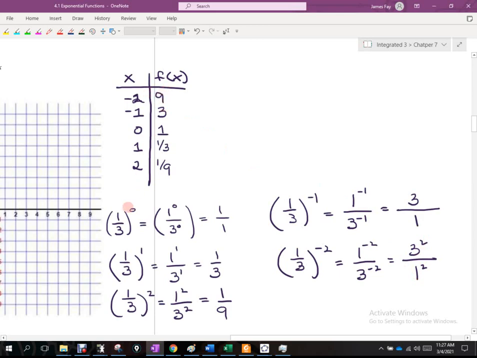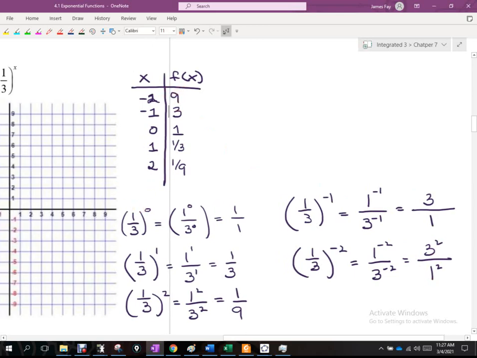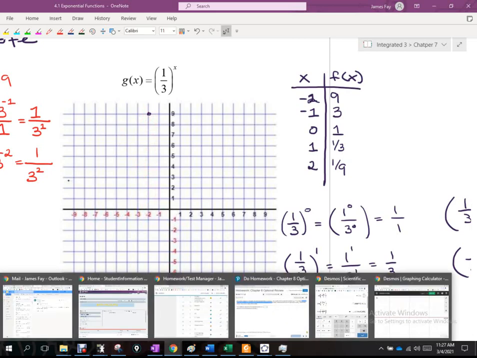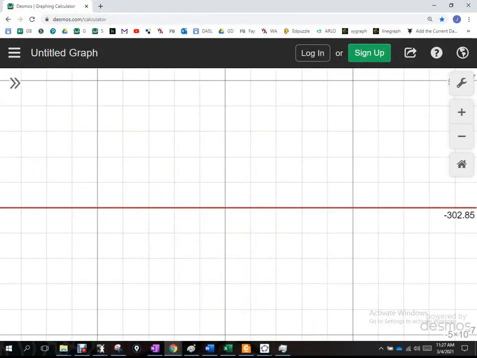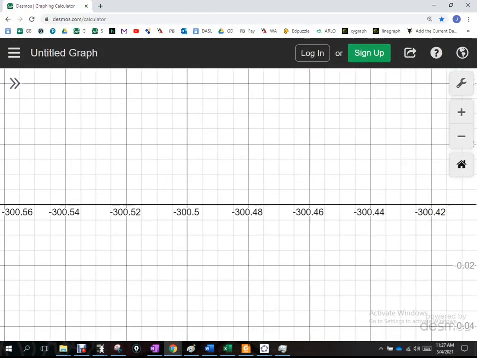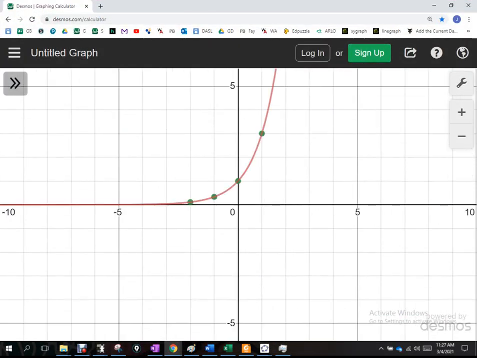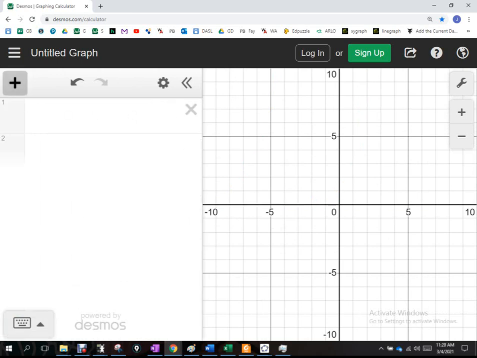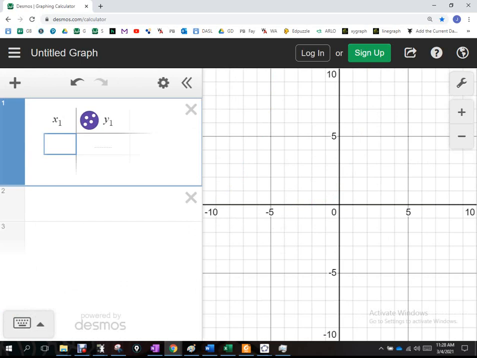9 over 1, right? Okay, so now, let's look at that graph. If I go negative 2, 9, that point there, and let me just graph it on Desmos here, so it looks cleaner in front of you. Okay, so we had negative 2, 9.